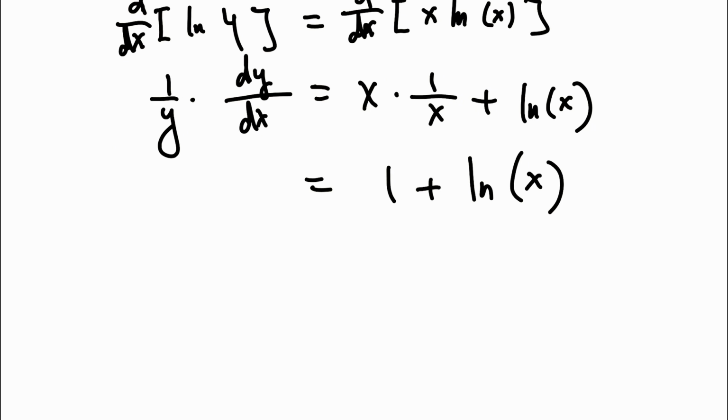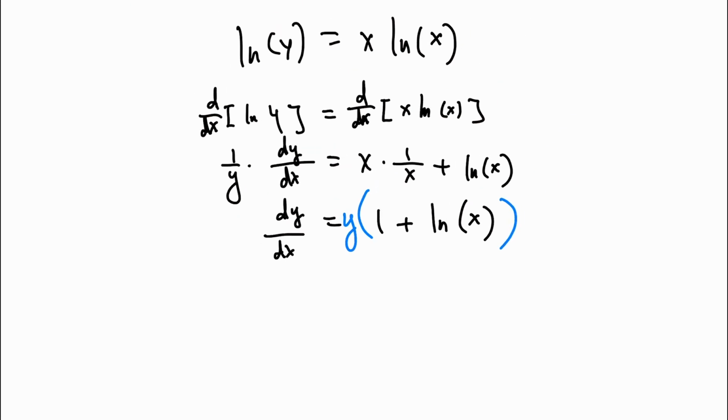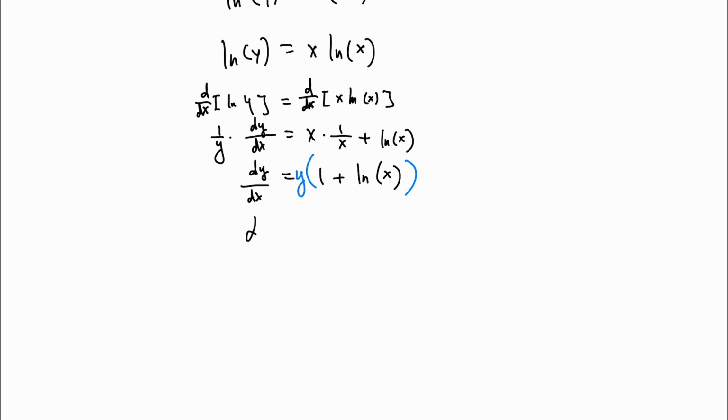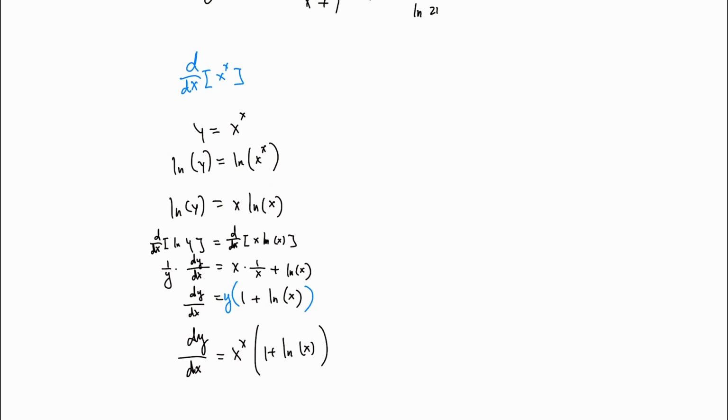What we have over here is 1 over y times the derivative of y with respect to x, and we can move this 1 over y to the other side. At last we can plug back in y equal to x to the x, and the derivative with respect to x is x to the x times 1 plus ln of x. And that is our answer.